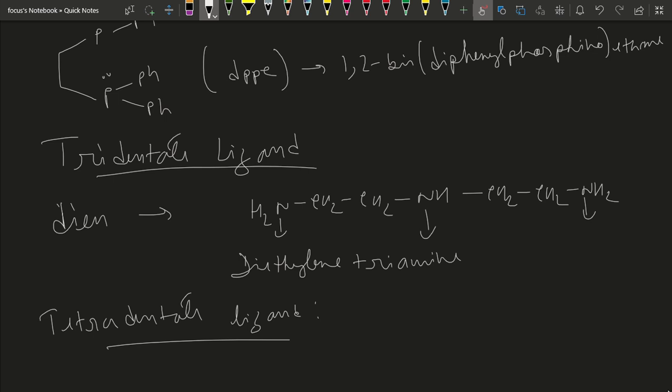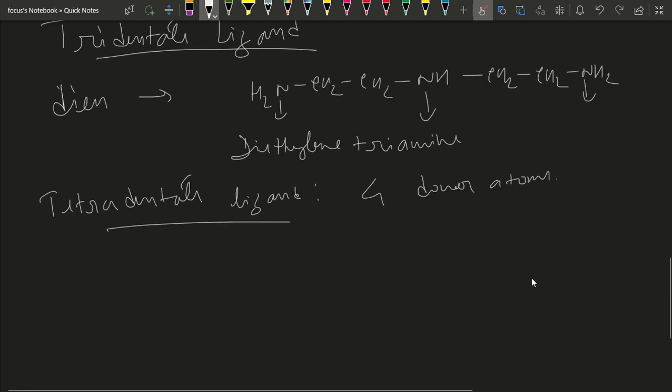So the first part is ligand, and I hope everybody knows about the nomenclature of organic chemistry. Then we have tetradentate ligand. It has four donor atoms. Obviously we have pentadentate, hexadentate, and combining all these are called polydentate ligand.